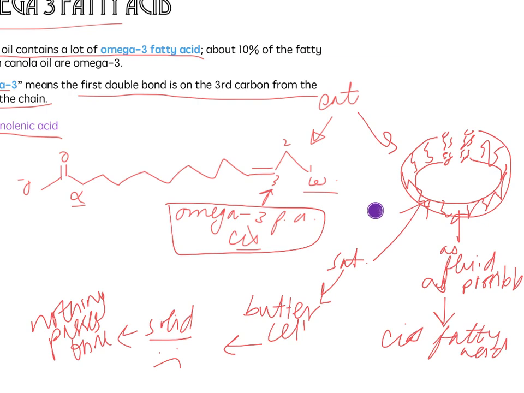They help keep your membranes fluid so that things like oxygen freely flow across. Oxygen would not be able to flow across the butter cell. I know it's kind of gross. And you want CO2 to be able to come back out of the membrane, and this is all made possible by a fluid membrane, and a solid membrane is bad.